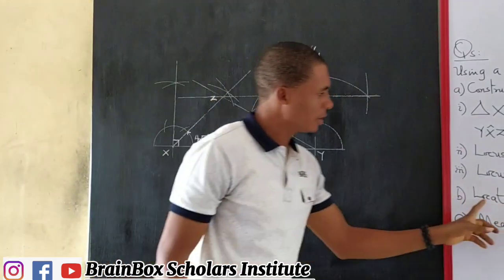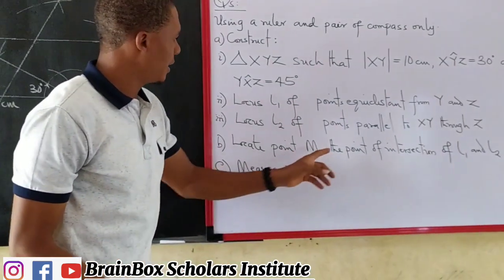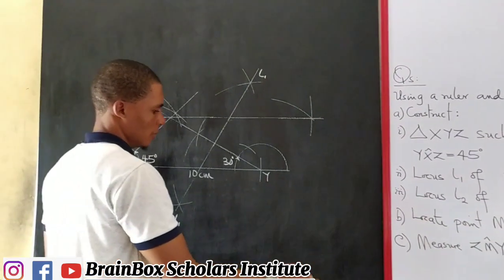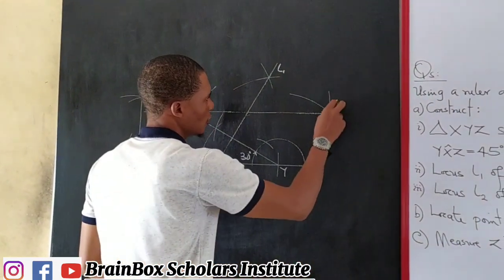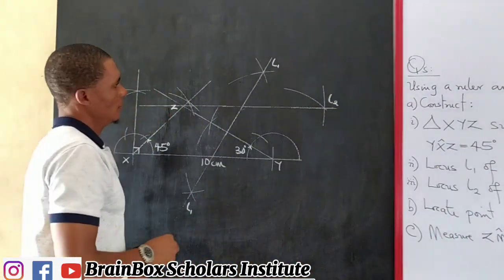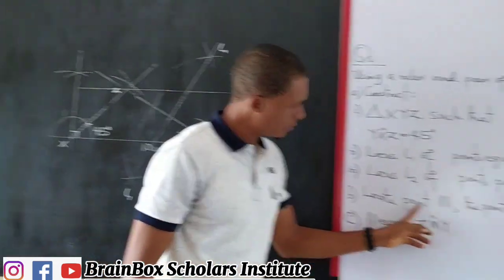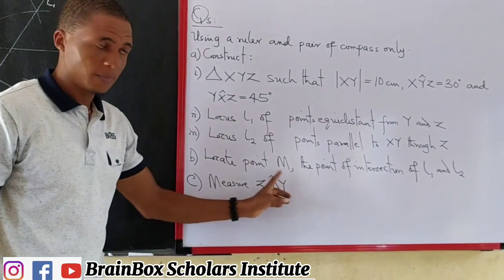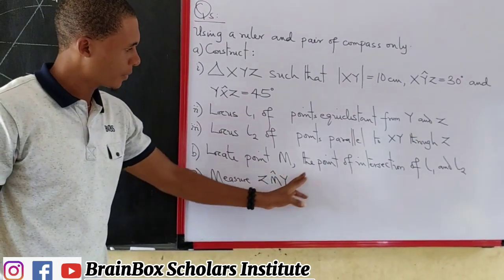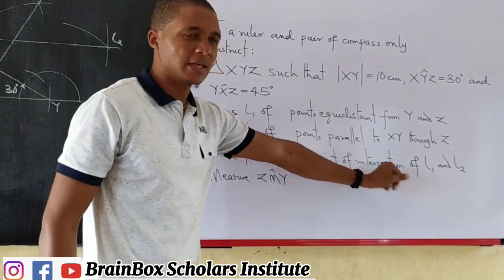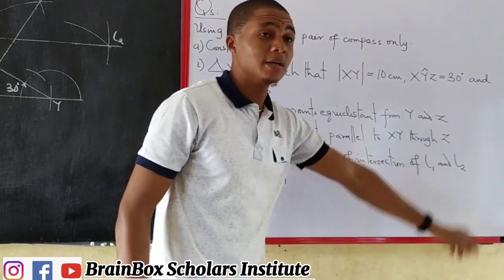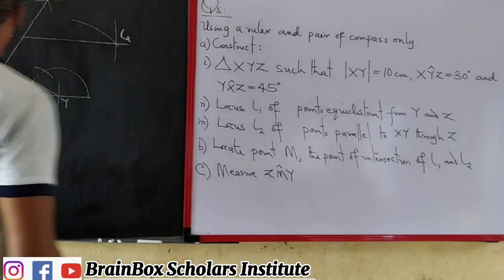The next thing is, let's go there. And it's going to be my locus 2. Okay? Now they say locate point M, the point of intersection of L1 and L2. So let me look for L1 and L2.